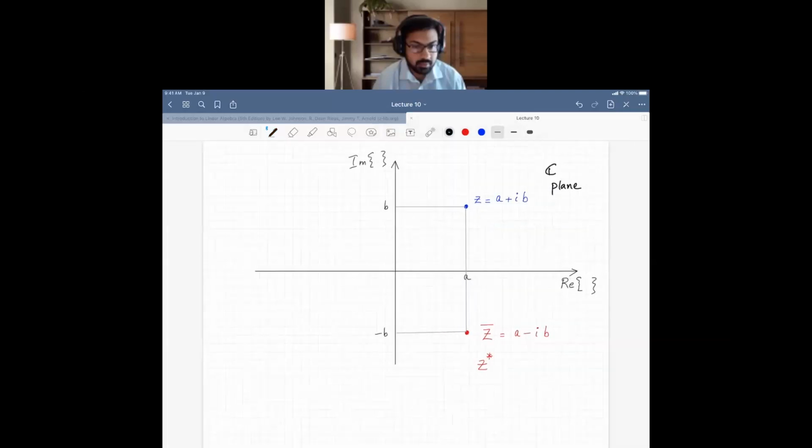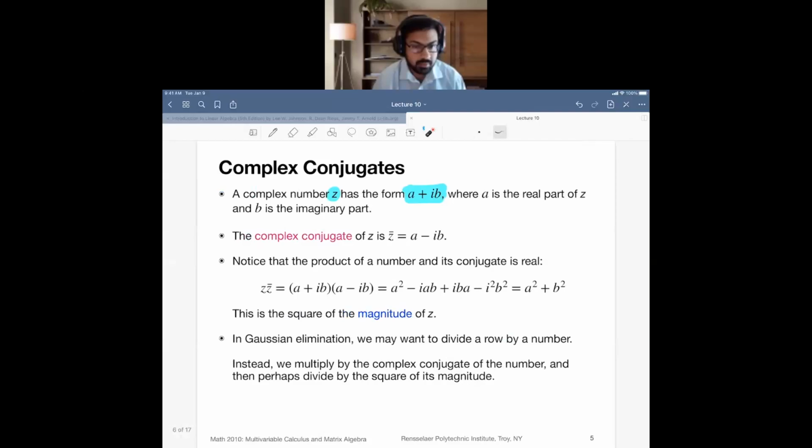This discussion is essentially showing you that if you have eigenvalues, you're going to see pairs of complex conjugate eigenvalues. So all you're doing is taking the imaginary part and flipping the sign. So a plus ib, complex conjugate is a minus ib.